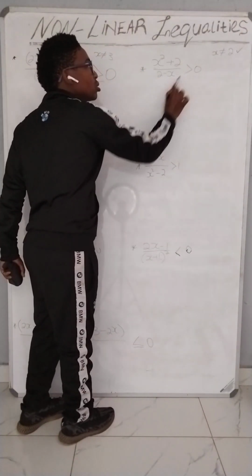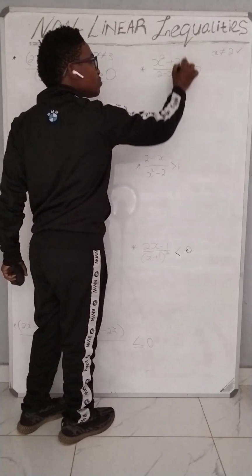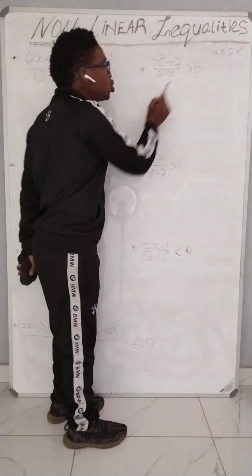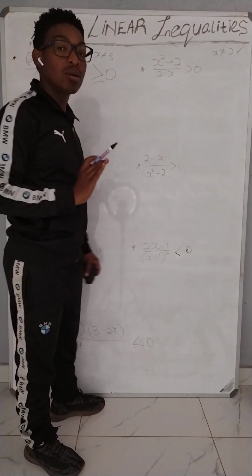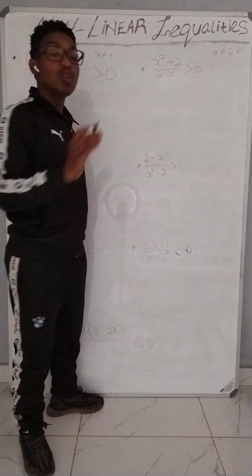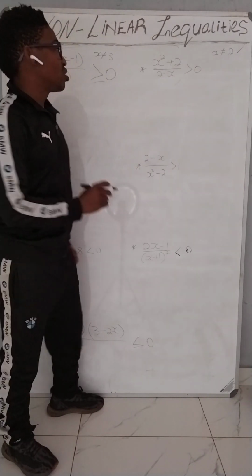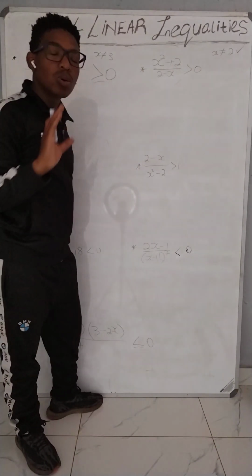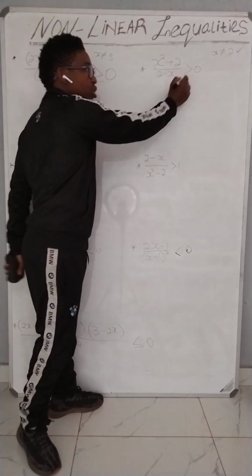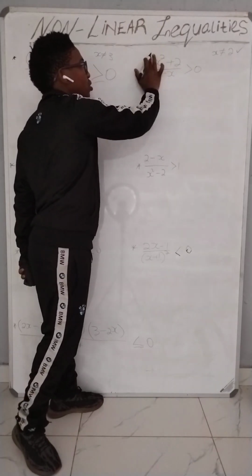Now, the whole of our expression is positive. According to our sign, it is greater than 0. So we are going to find the values of x such that this expression is always bigger than 0. Okay, we need to satisfy that.